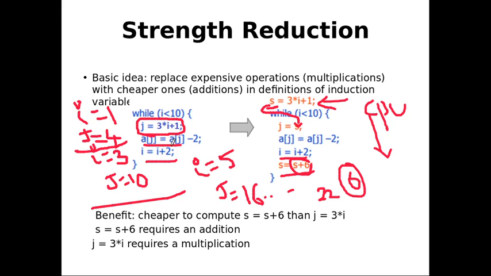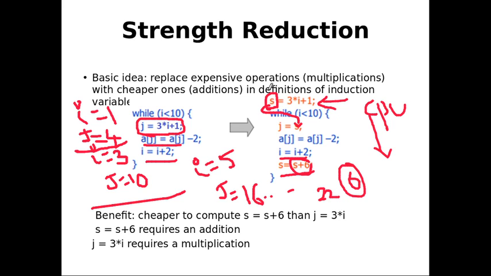Previously there is no variable s, but I am creating the s. When I am creating, I must allocate the space for it. My dear, we know according to our computer organization and operating systems, CPU utilization is more important than space utilization.